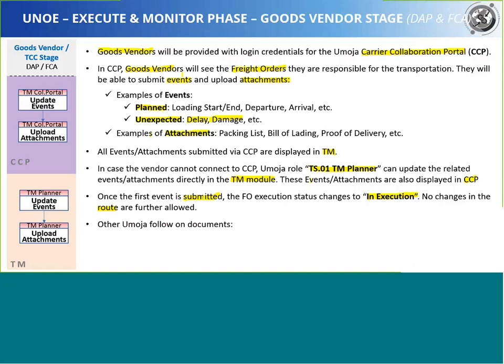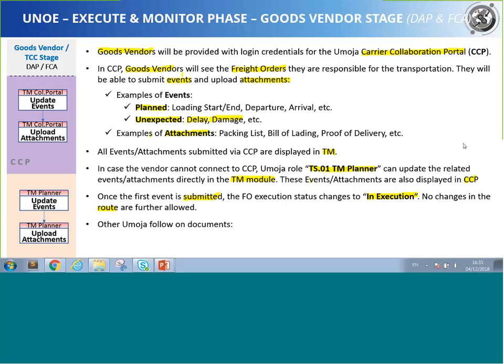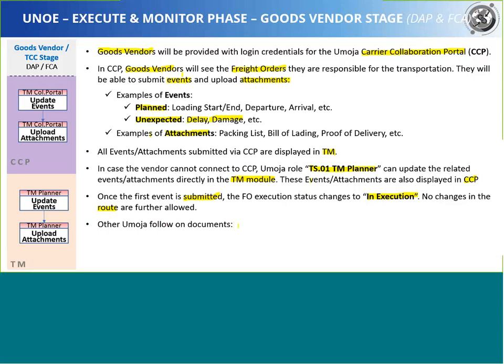Okay. Remember that the steps that you are currently performing for UNOE, let's say for vehicles in Umoja, still remain. So for example, in case we are talking about DAP scenario, after the execution of the goods vendor stage, you still need to do the physical good receipt, right, in order to specify and to add those items into inventory.